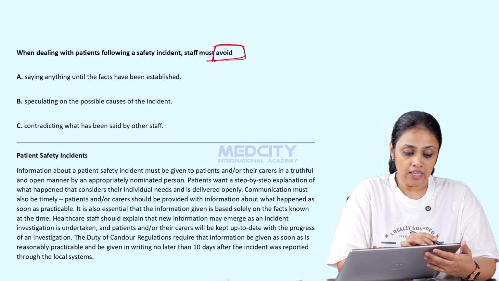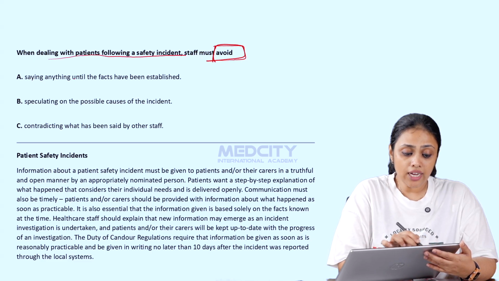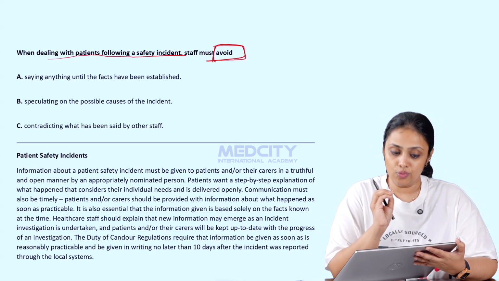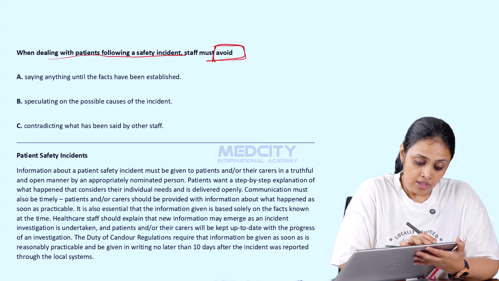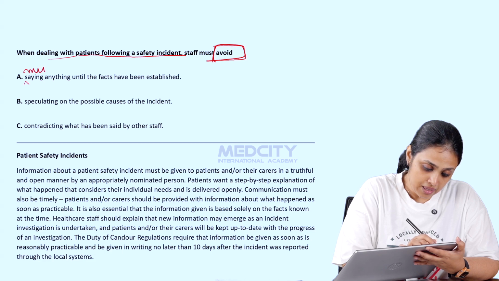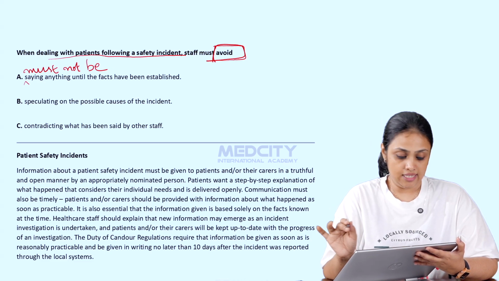For instance, it says: when dealing with patients following a safety incident, staff must avoid saying anything until the facts have been established. So make sure that you include that idea, avoid. If you want, you can write it down here. Must avoid saying anything means must not be saying anything until the facts have been established.